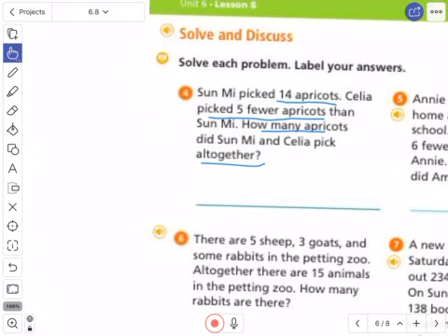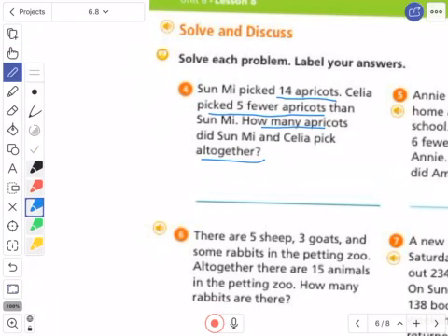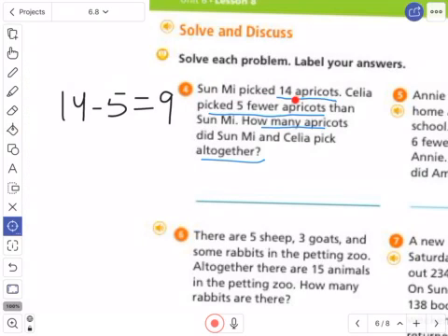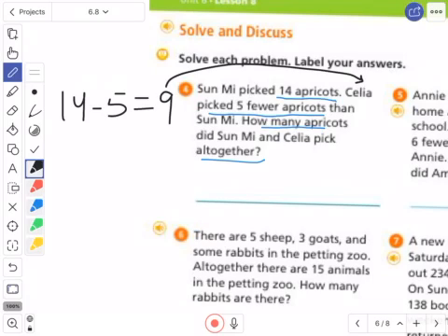So Sunmi picked 14. Cecilia picked 5 fewer. Okay, well, I know that. So switch back to black. 14 minus 5, because she picked 5 fewer than her. So that's 9. How many apricots did Sunmi and Cecilia pick all together? Okay, so I know that Sunmi picked 14. Cecilia, she picked 9.